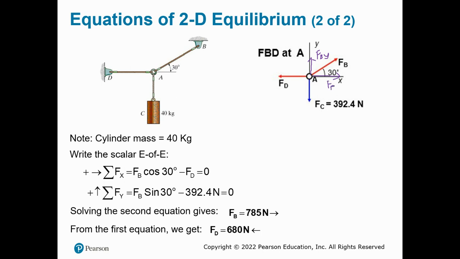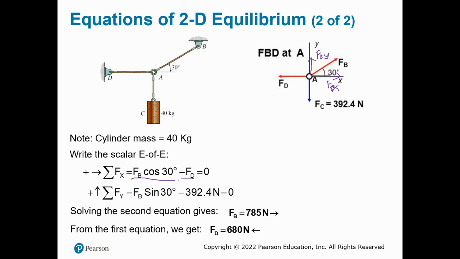Now, in the previous slide, we talked about the summation of all the forces in the horizontal direction needing to be equal to zero. So there you have your FBX, which is FB cosine theta, pointing to the right, positive, and then FD pointing to the left, which will be negative. These two are the only two forces horizontally.